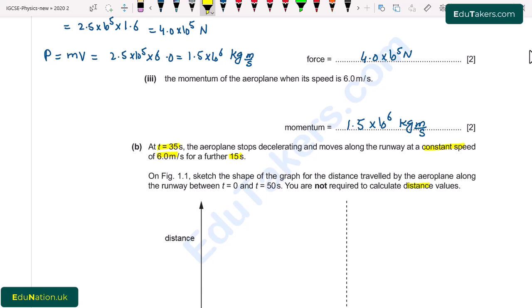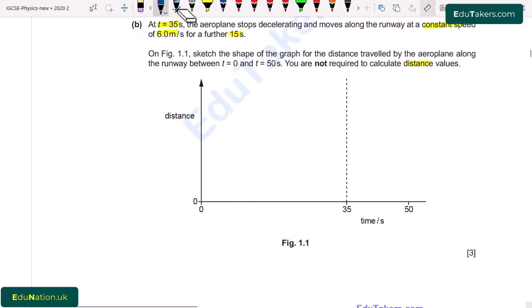In part A we calculated the deceleration, and we see that from 0 seconds to 35 seconds the aeroplane is decelerating. That means that its speed is decreasing. So as we know that the speed is decreasing, when we draw a graph, its curve will be just like this.